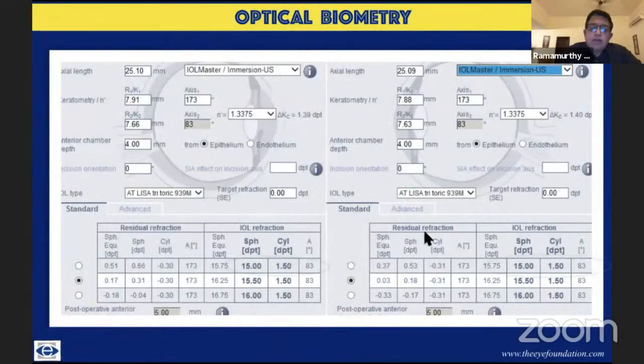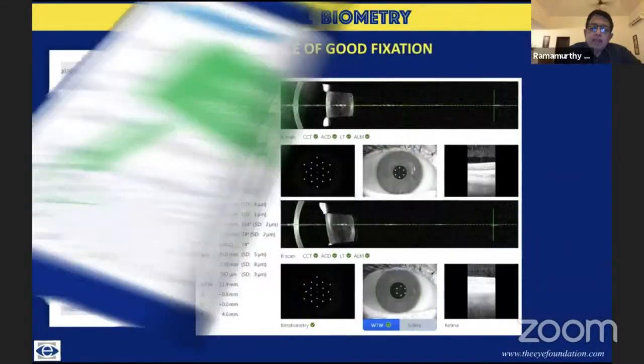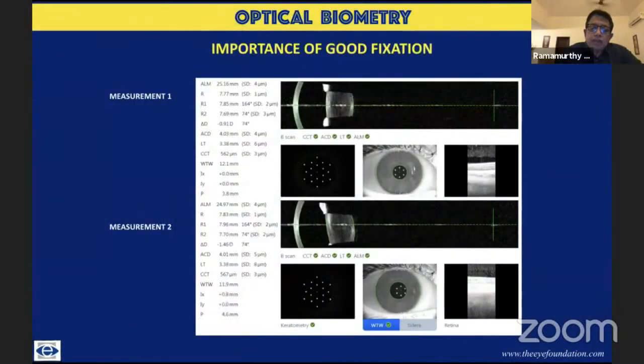That's the reason that when it comes to intraocular lens power calculation, two subsequent measurements give you almost exactly the same spherical power and cylindrical error. And that's why having this ability to objectively cross-check whether the patient is fixating rightly is an extremely important feature of the IOL Master 700.